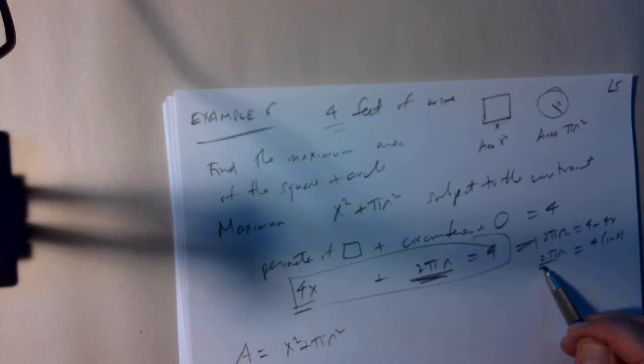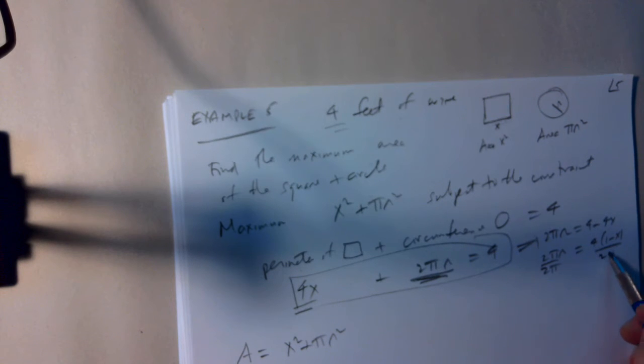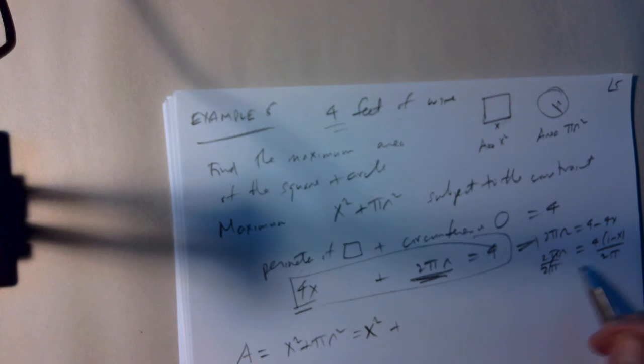So if you divide by 2 pi, you get that r is equal to this. So x squared plus pi r squared is x squared plus, 4 over 2 is 2.